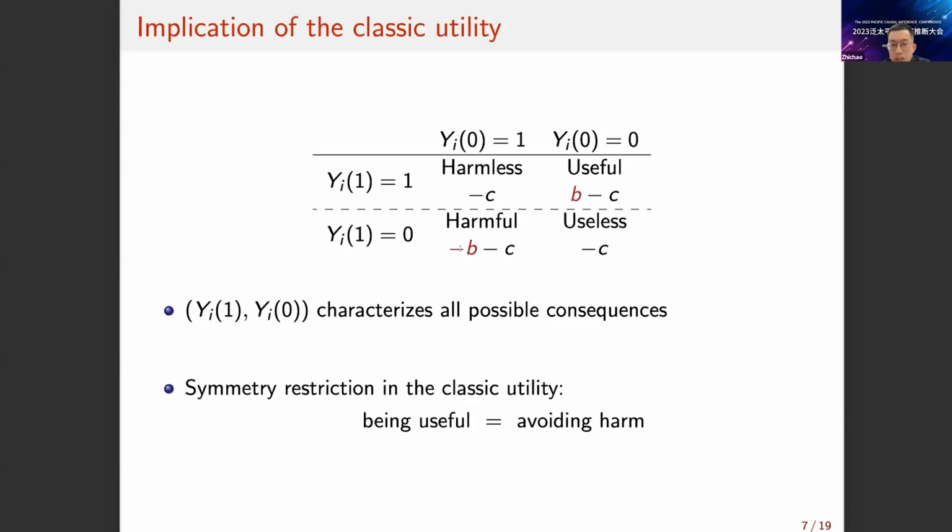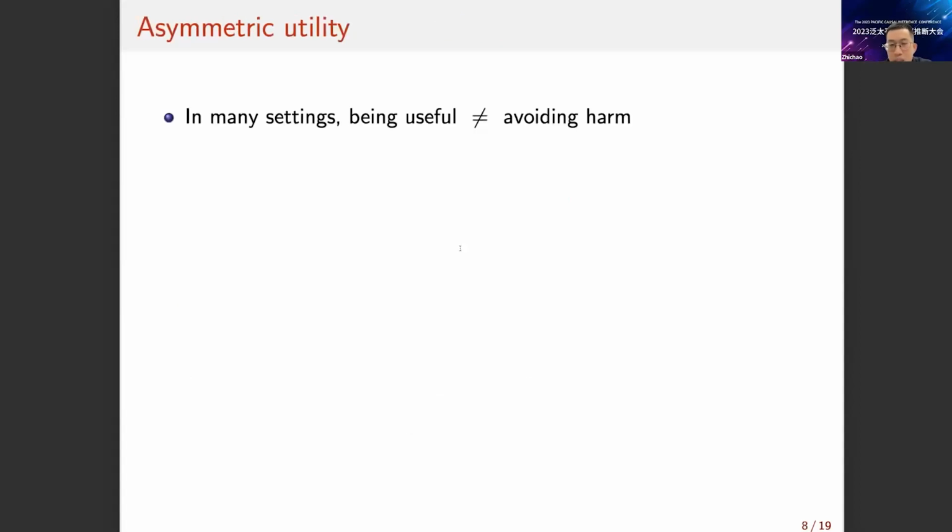This is the symmetry restriction in the classic utility. It assumes that being useful is equivalent to avoiding harm. More generally, this restriction holds as long as the utility function depends only on the treatment decision and the outcome under that decision.